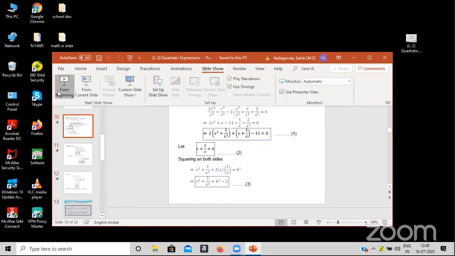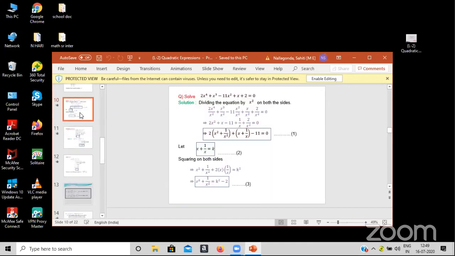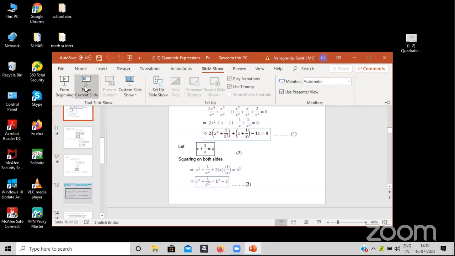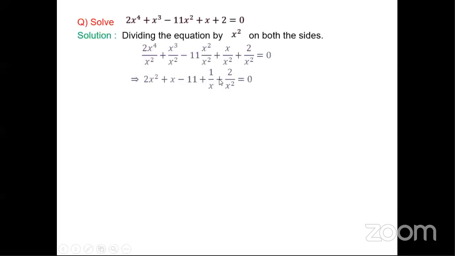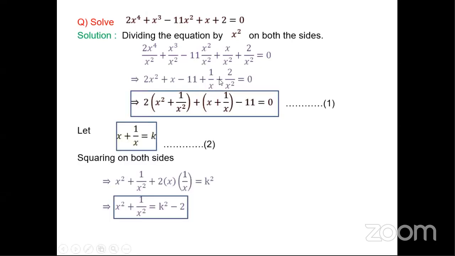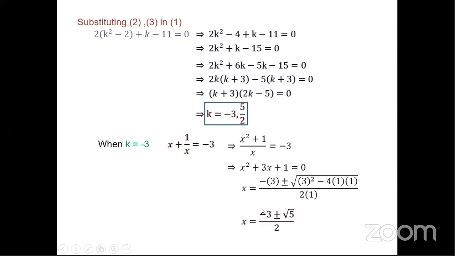So the values you have got are: x is equal to minus 3 plus or minus root 5 by 2.